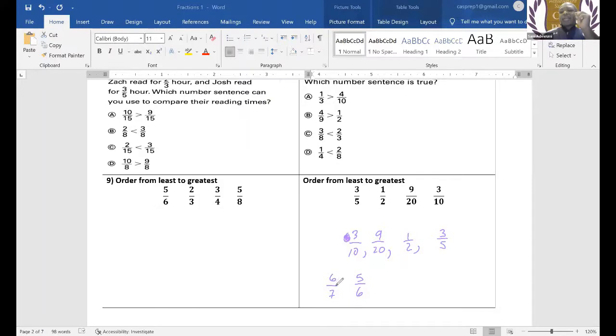Now, when I end up with 6/7, that means all that's left is this little small piece of 1/7, I'm sorry. That little piece of 1/7 is smaller than 1/6, which means that 6/7 is greater than 5/6.